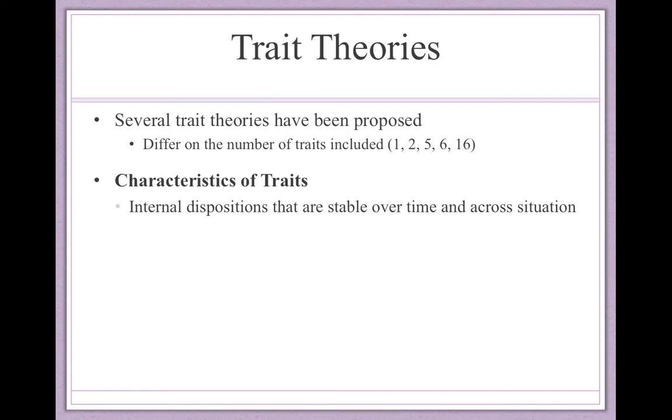They are who we are, and they influence how we act in situations. And they are conceived in bipolar terms. What that means is it is a particular trait and you are either high in it or low in it, or there are two different traits that are opposite of each other, and you can be one or the other.